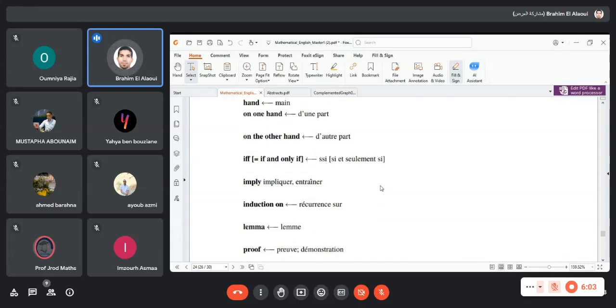I will keep together some other words that are different from the vocabulary in French, and I will try to share them with you after.